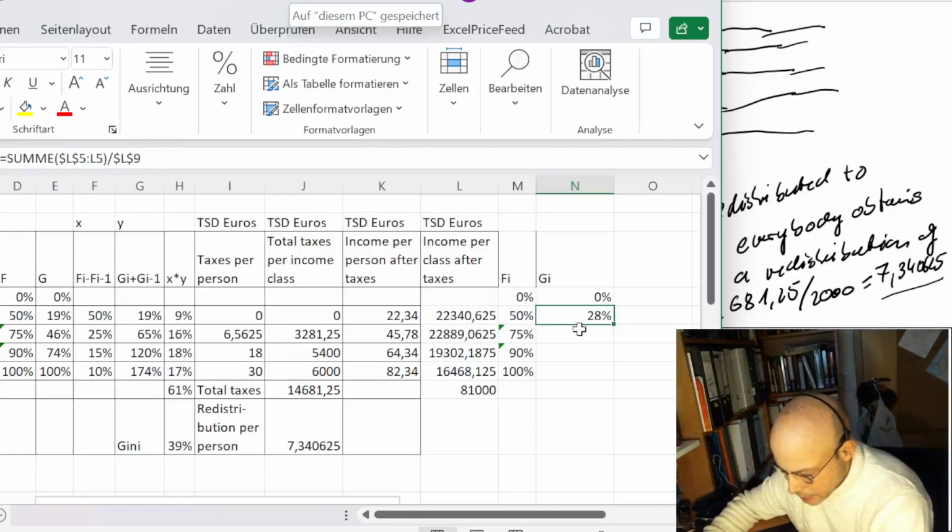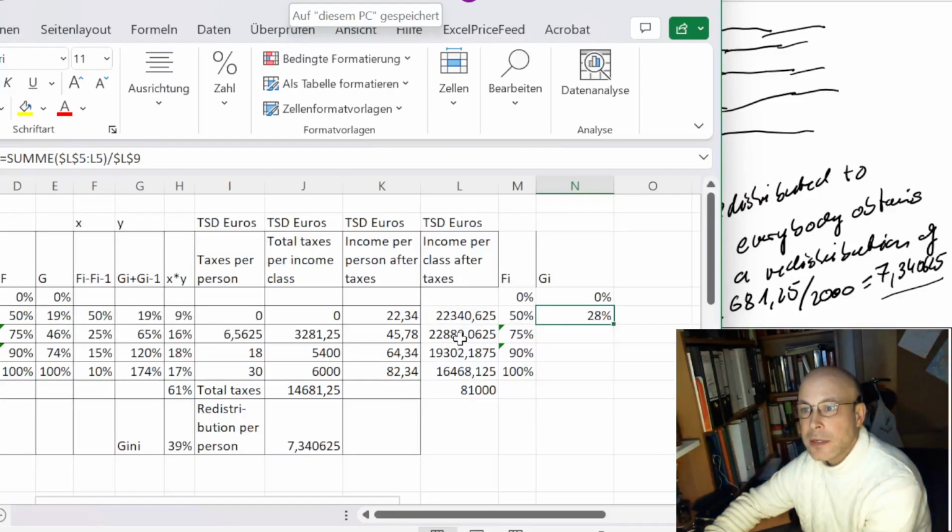So this number comes from 22,000 divided by 81,000. Here we have to sum up these two numbers. They are both roughly 22,000, 23,000. So the next number should be then 56 or 59%.